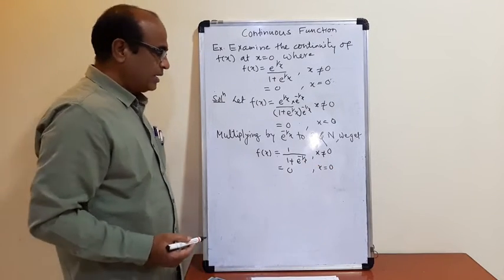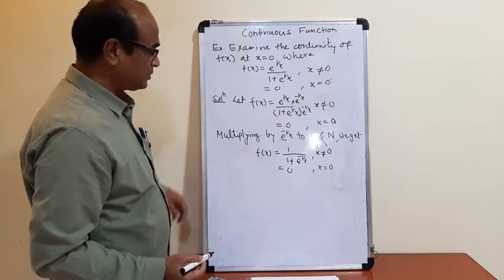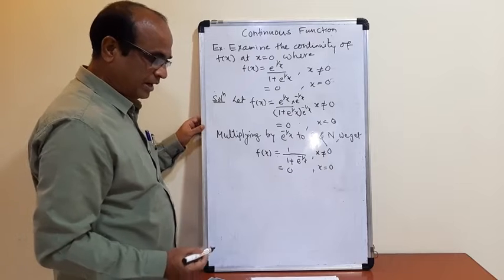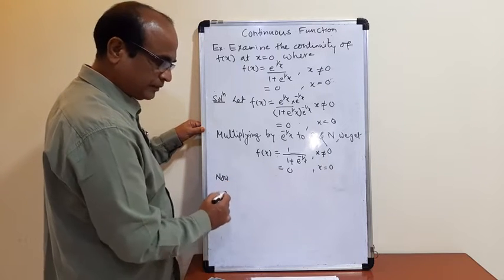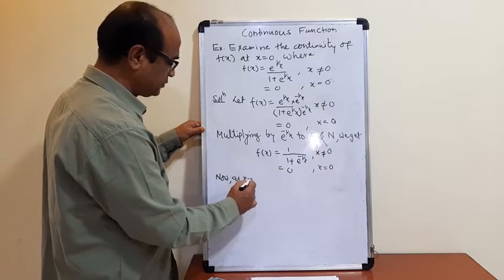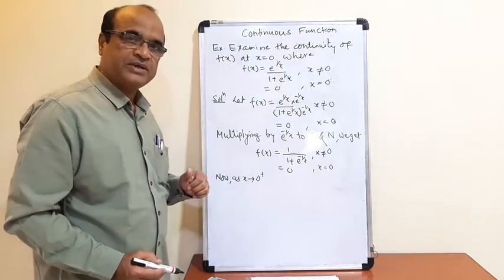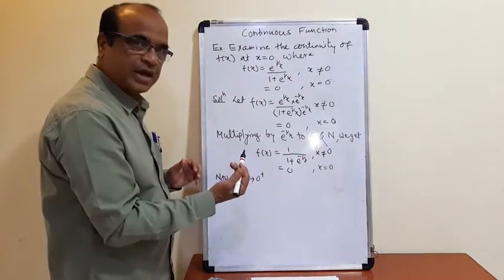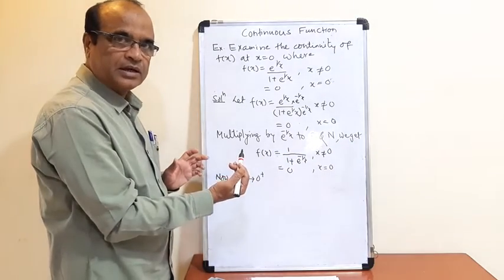Now we find the limit of this function, the left hand limit and the right hand limit. Now, as x tends to 0 plus, this is the right hand limit, so x tends to 0 from the right side on the real line.